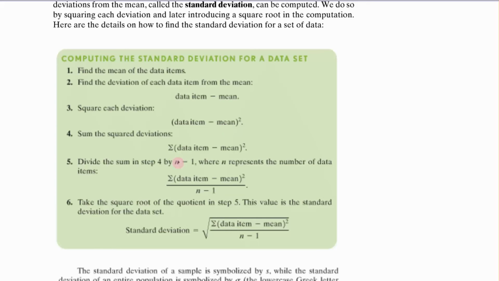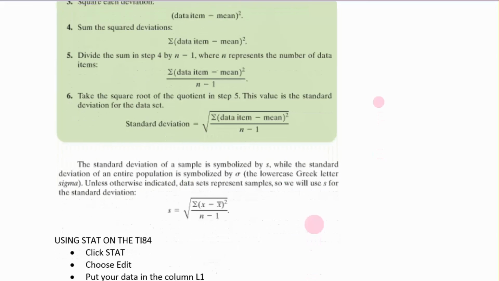So they have found that they get a better measure if they divide by n minus 1, where n is the number of data items. Then, because you squared it, you have to take the square root of that. That number is the standard deviation.